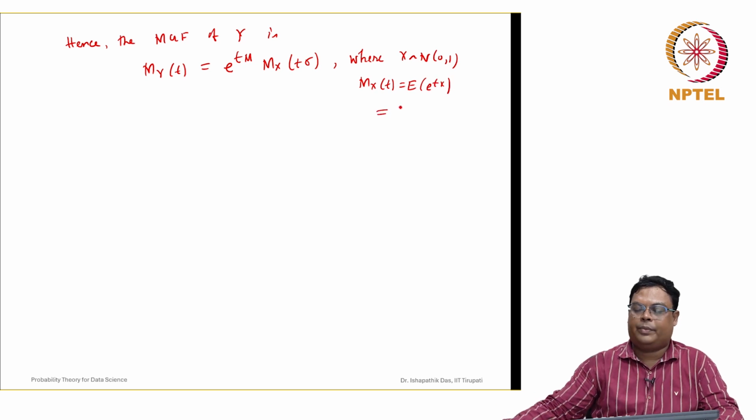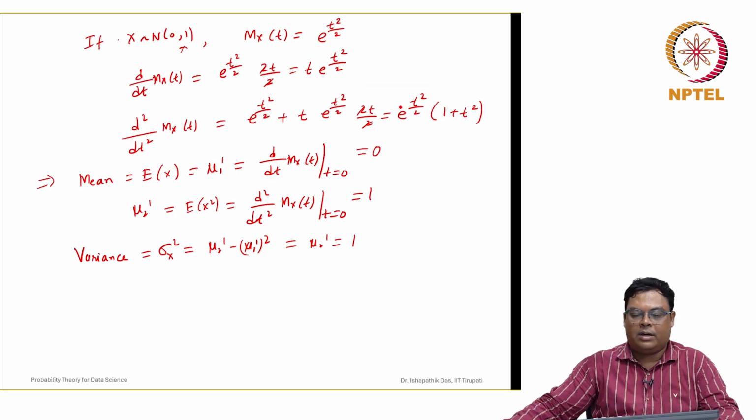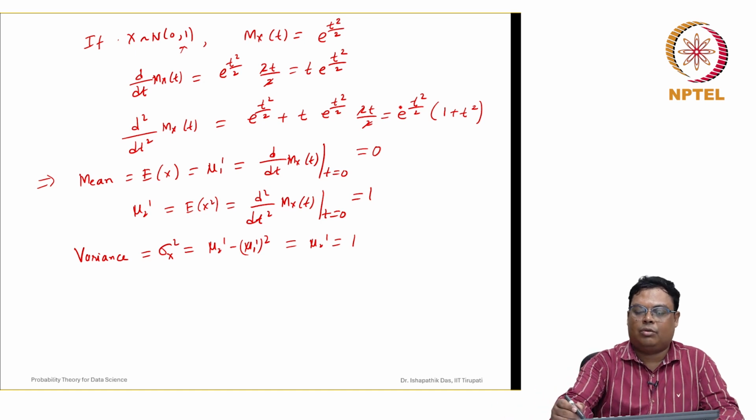This we know: we computed for normal 0, 1 that mx of t is e to the power of t square by 2.